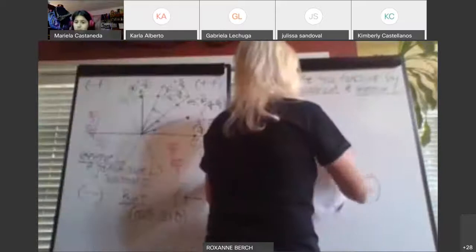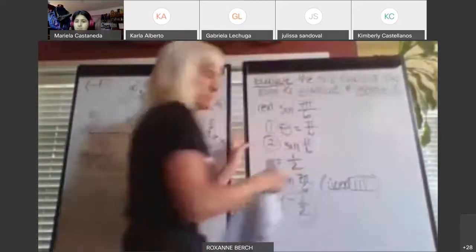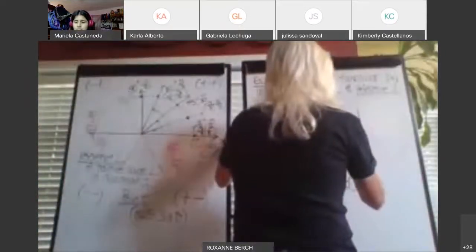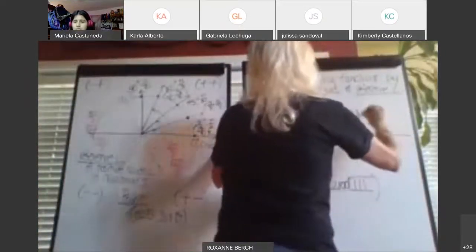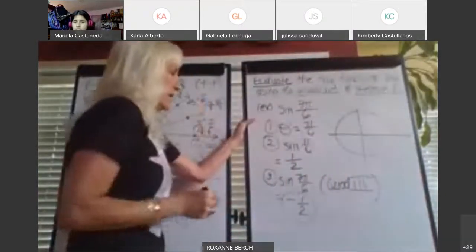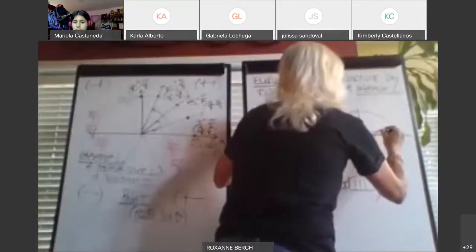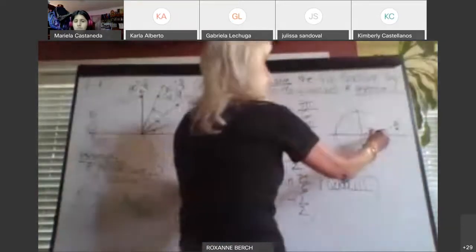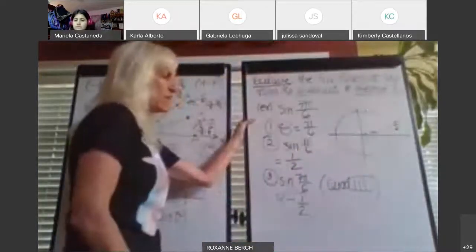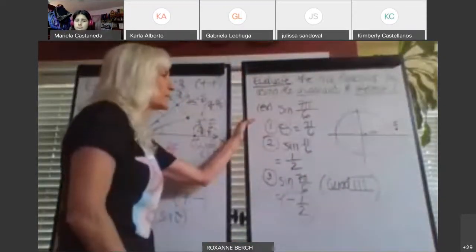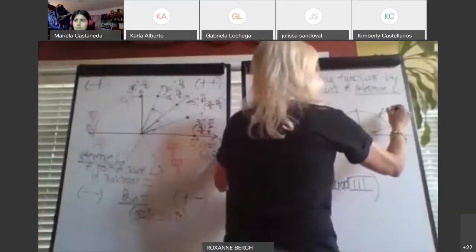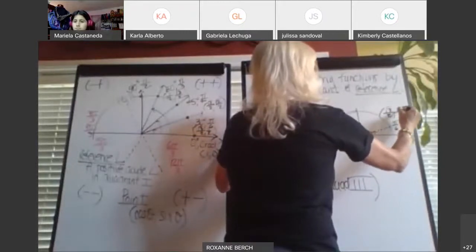All right, here's what's going on. That from here to here is pi over 6. And I made it dotted because that's not what we're trying to find. So it just so happens that this ordered pair is radical 3 over 2 and 1/2.